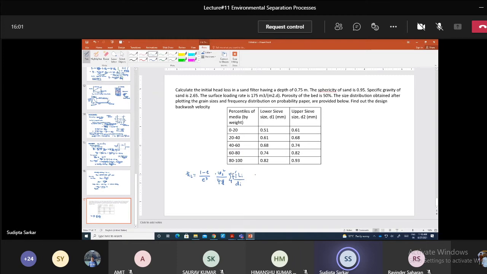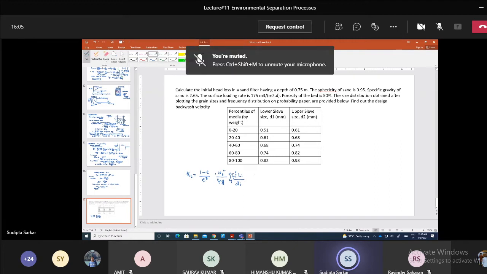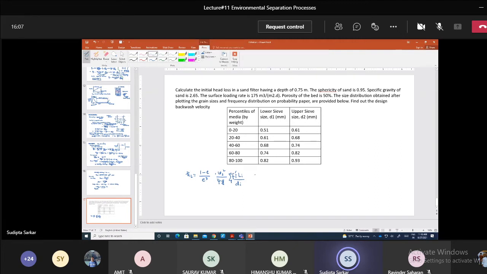Now I will show you how you can use this in a spreadsheet. But before that, let me try to write other stuff here. So psi value is 0.95.